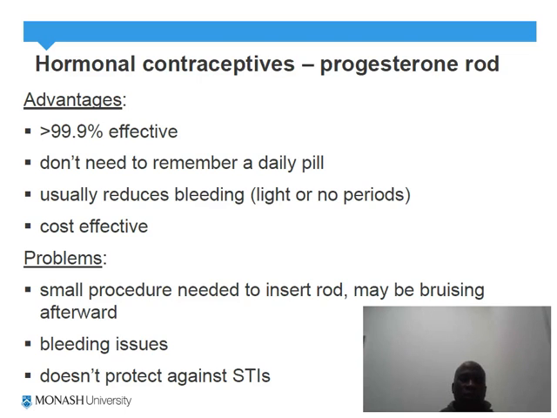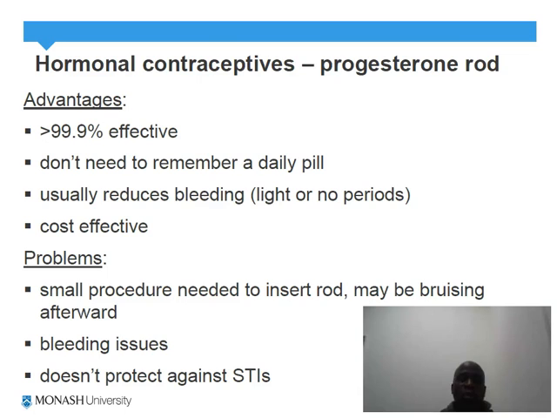It's less stress. Usually it reduces bleeding to light or no periods at all. Okay, that's quite something, because bleeding also brings a lot of discomfort to women. Okay, it's cost effective, meaning that financially you gain by using such a technique.